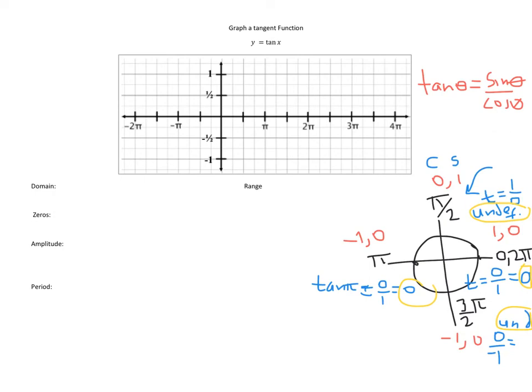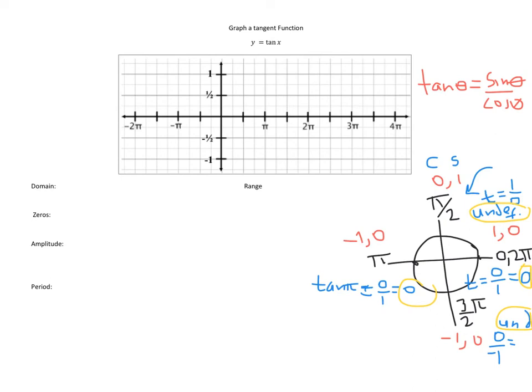Okay, so now before I start graphing, I'm going to look at the undefined values. What does it mean? The graph can never be that value. And if you remember, a line which is being approached, this line is going to be approached, but it's never going to be touched.